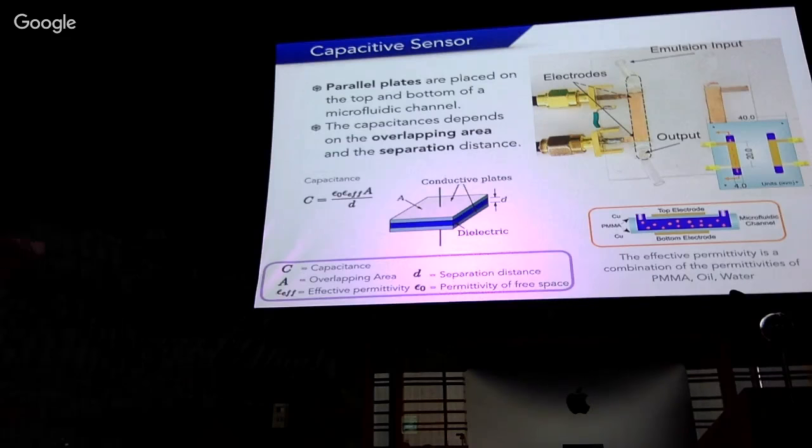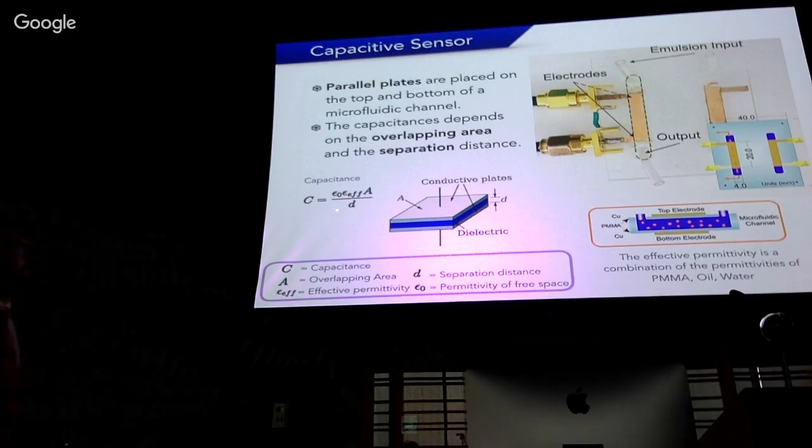So the first one is a capacitive sensor. And here we use the parallel plate equation in order to design these sensors. We see that the parallel plate equation depends on the effective permittivity times the overlapping area over the distance between these two electrodes.